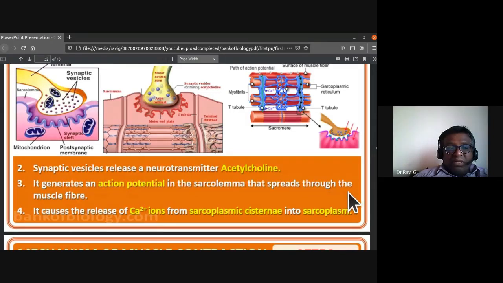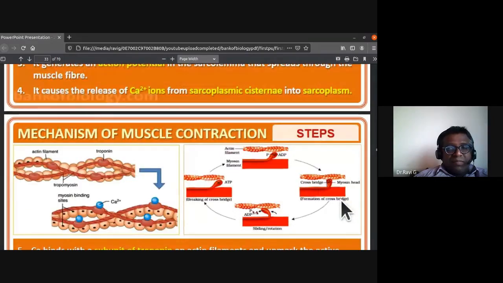That is going to take place. Once the action potential spreads through the muscle fibers, there is a release of calcium ions from the sarcoplasmic cisternae into the sarcoplasm, that is the cytoplasm of the muscle.